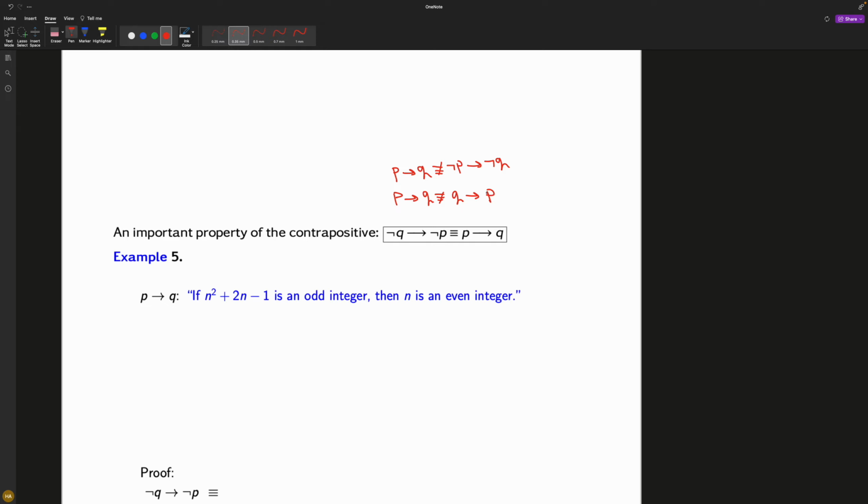They only equal the same if you do both. So you see here I flipped it. This came here and this came here. And here I didn't flip it, but I negated it. These are not the same. You have to flip and negate for them to be equivalent, and that's contrapositive.